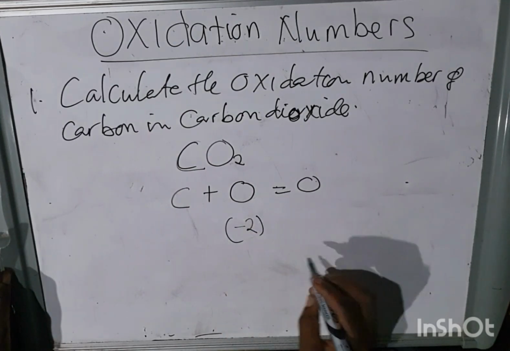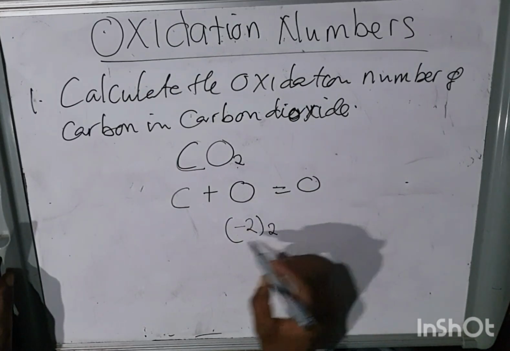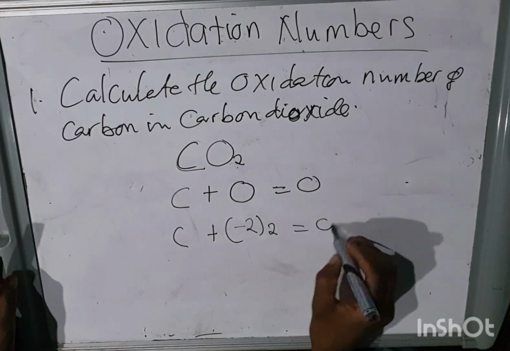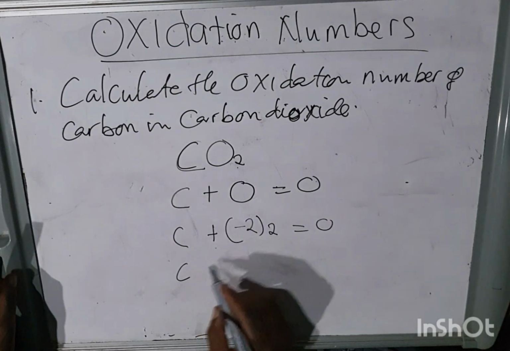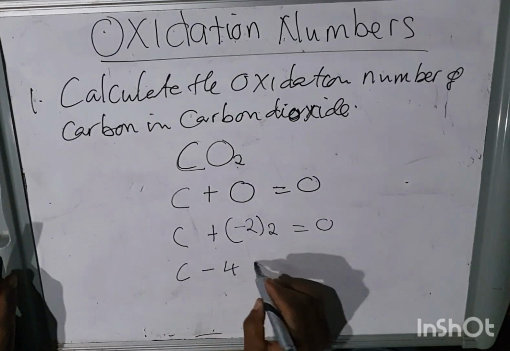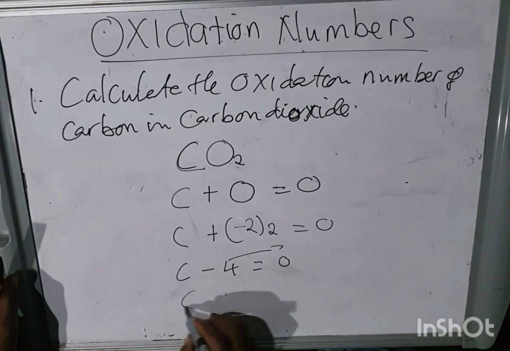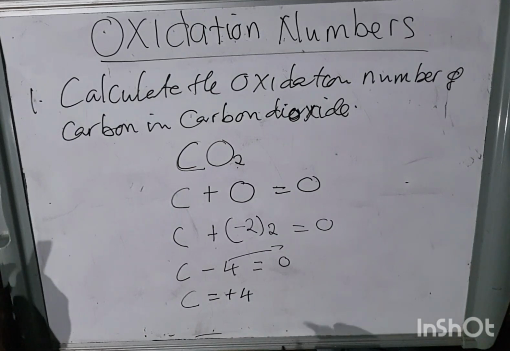Now we multiply by how many atoms of oxygen we have in this molecule. We have 2. Plus the oxidation number for carbon, and it gives us 0. So we have -4 plus carbon equals 0. So the oxidation number for carbon is equal to +4.